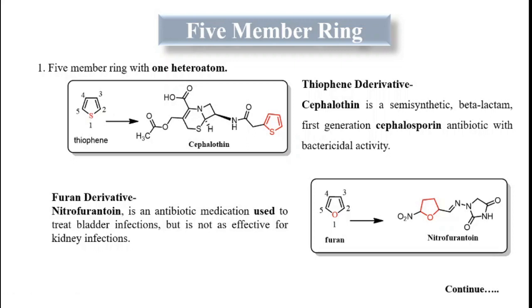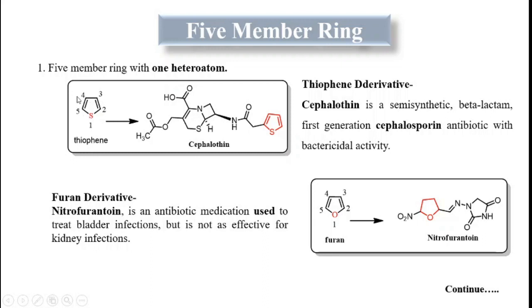This thia, that means this sulfur, is present in the 5-member ring. That's why it is called thiophene, or it is also known as thiole. That means the 5-member ring containing a single sulfur atom is known as thiophene or thiole.